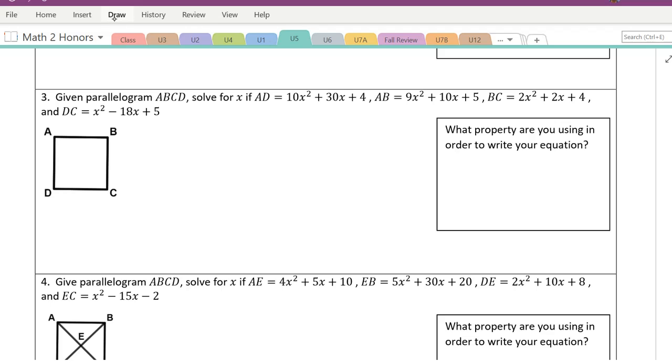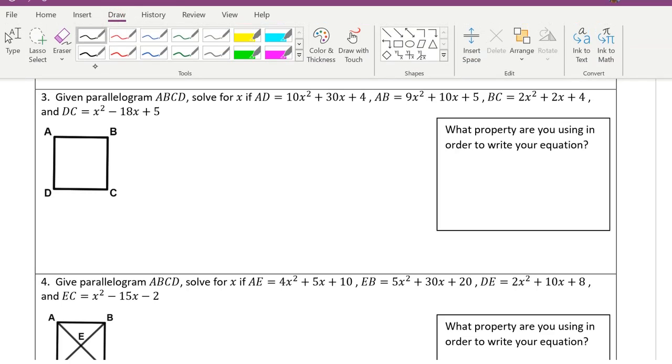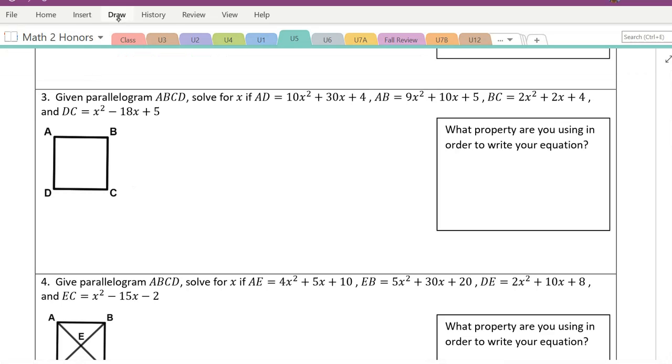And so if we look at where those are on this diagram, AD is this length here, so it's one of the sides, and actually we're given information on all 4 sides. So this is information regarding the sides of this parallelogram.